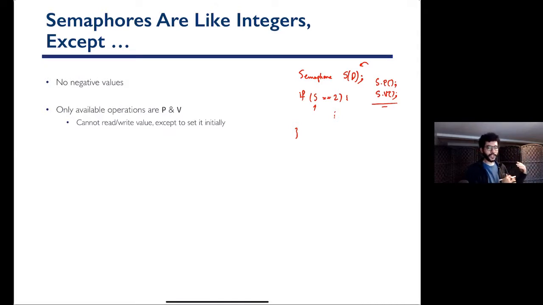Then in the next lecture, we talk about how operating systems can provide semaphores. Of course, we need some help, and we need to make sure that there is no race condition, right? So implementing semaphores comes next. For now, let's just learn them and use them, okay? We will talk about how to implement them.